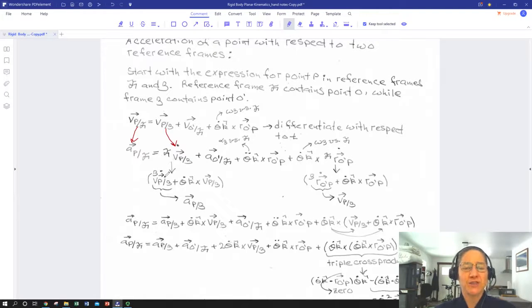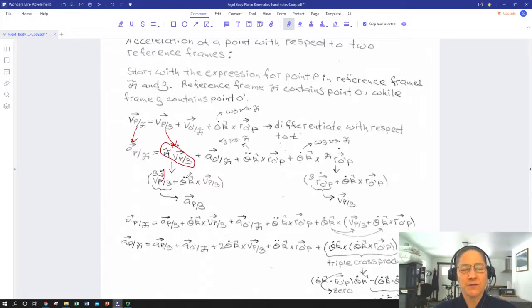We're going to apply this relationship that says we can replace this mixed reference frame time derivative with one that is all with reference to the same reference frame, namely in this case B. So we can replace this term with the first time derivative of the velocity of P with respect to the B reference frame, with respect to B. That's just the acceleration of P in B. Great, something that we could presumably measure if we're standing in B. Plus the angular velocity of reference frame B with respect to reference frame F, which we already have up there, crossed into the velocity of P in B, which we already have.